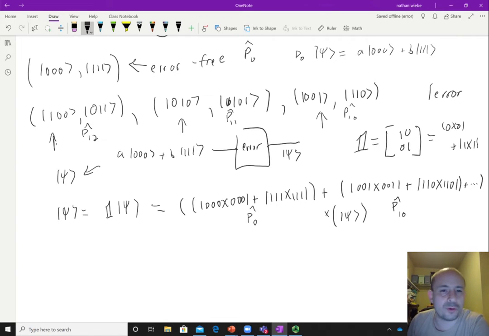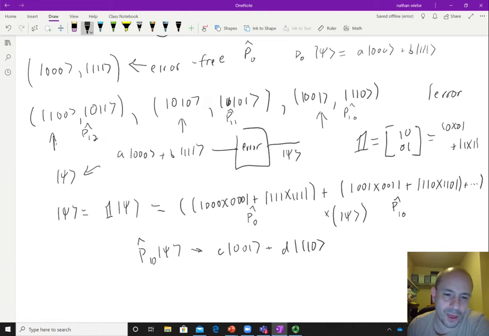Okay, so for example, if we ended up applying P1 hat to psi, then we would end up getting some state of the form C001 plus D110. And in this case, if we can tell that through some protocol we've applied the projector onto this particular error space, then all we have to do is take this component and we can correct it by flipping that bit.